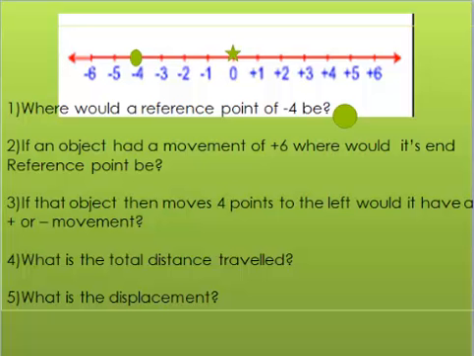Number 2, if an object had a movement, and we're going to call these units. So if an object had a movement of positive 6 units, where would its end reference point be? So it went from 0 to negative 4, and then it had a movement of positive 6. Where would its end reference point be? So we're going to move this positive 6. 1, 2, 3, 4, 5, 6.